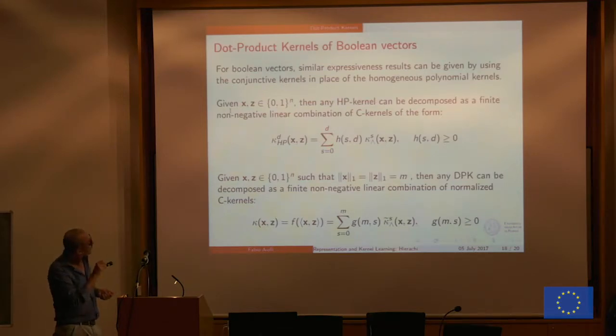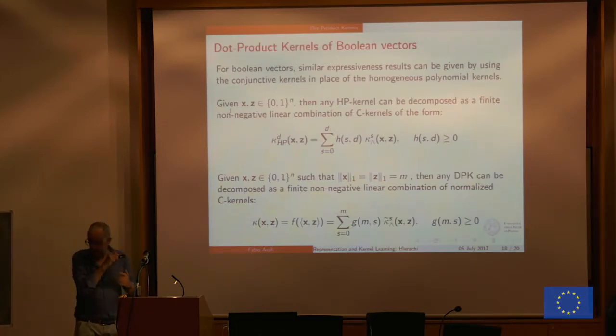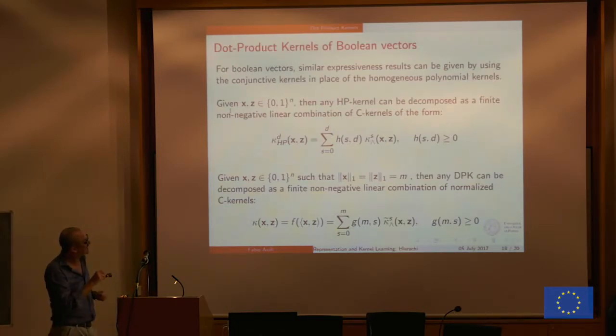Then you can see any dot product kernel f in the form of a sum with s from 0 to m, where m is the number of values 1 in the variables, with this value as the coefficient.